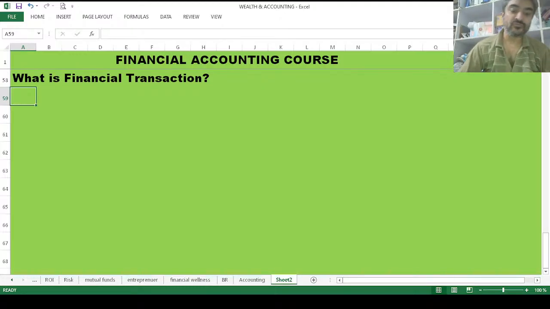If you are new to the accounting, it is very important for you to understand the financial transactions. So let's begin with another definition.